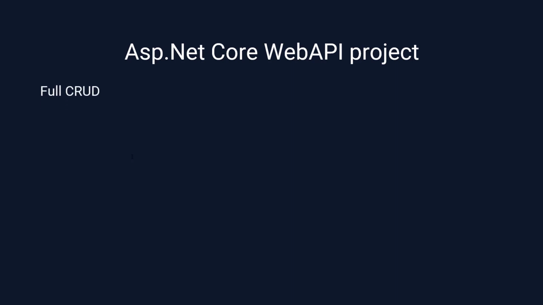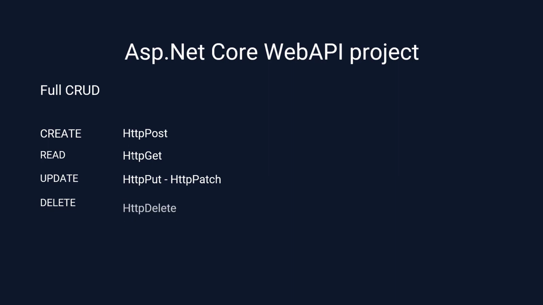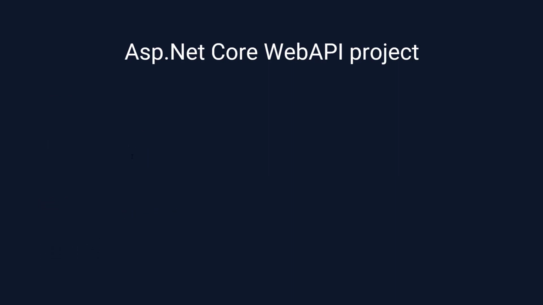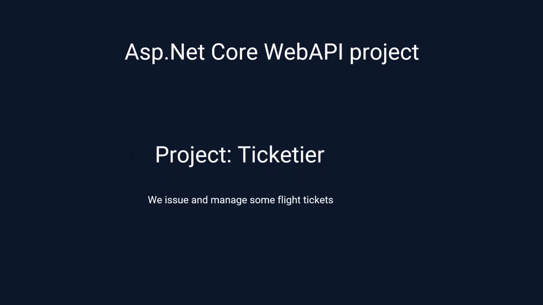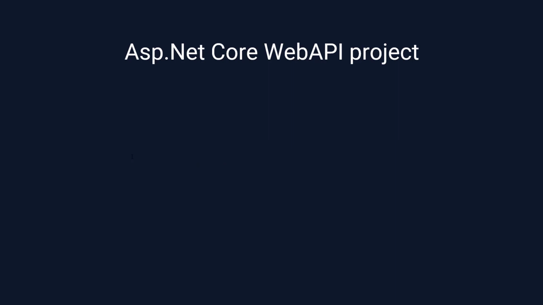We spoke about the full CRUD functionalities like create, read, update, and delete, and we used HttpPost, HttpGet, HttpPut, and HttpDelete, and also we implemented search functionality in our Ticketier project, and we saw that we can issue and manage our flight tickets in this project.